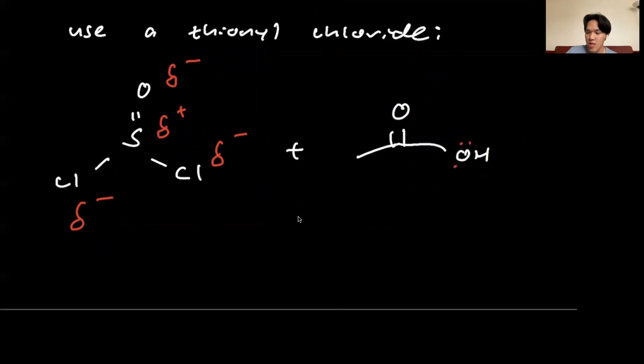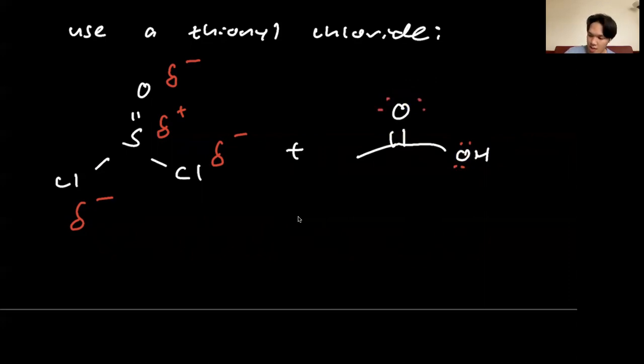We could use this oxygen here, but we also have to remember that these lone pairs are involved in resonance, so it's probably not going to attack. It's also really stable here. We're actually going to attack it with the carbonyl oxygen.